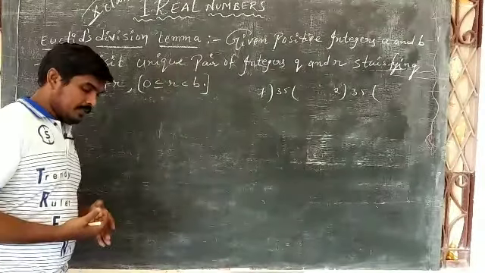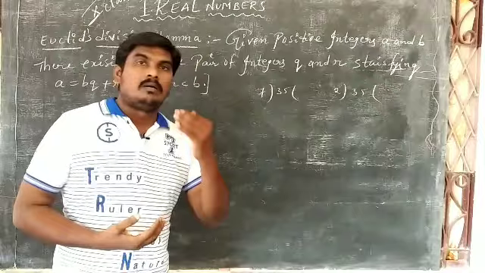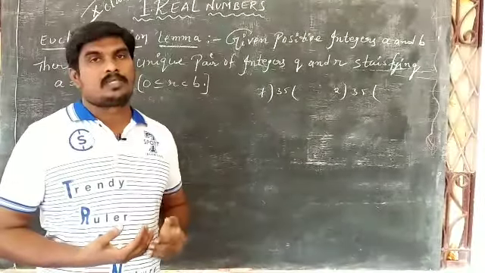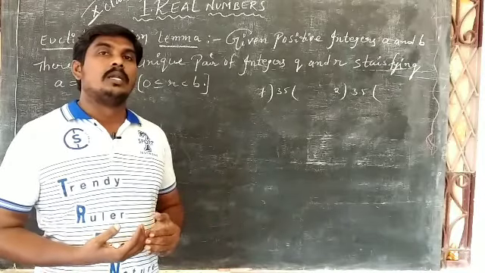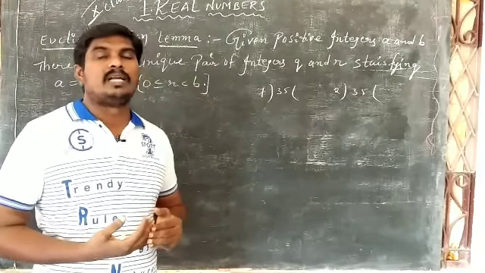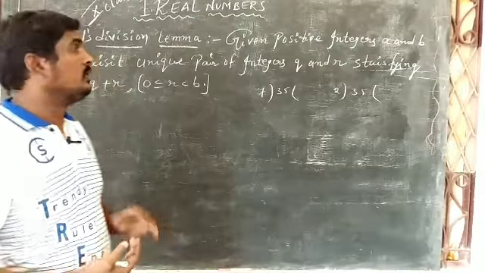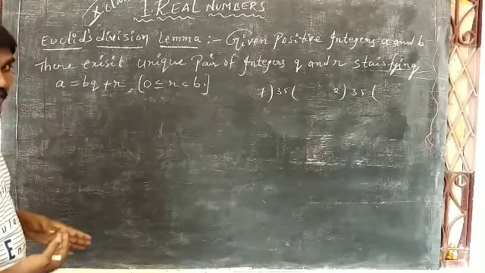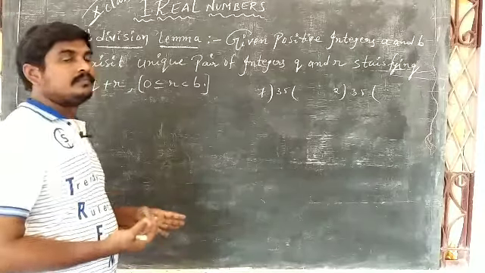So today's topic is Euclid's division lemma. So how to use this Euclid's division lemma in mathematics? Okay, that is what we are going to discuss. See, first of all, the statement of Euclid's division lemma.